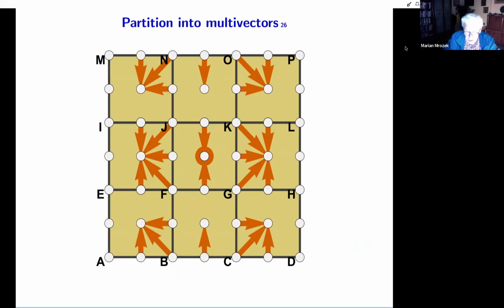But the point is that I do not want an arbitrary partition. I do need an assumption about what will be my multivectors. What is the assumption?